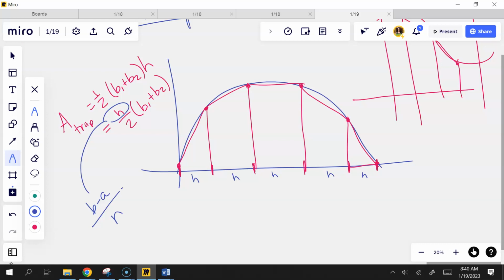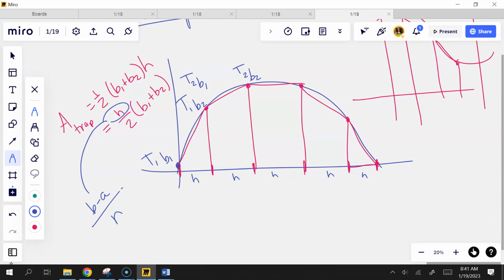My bases come from the actual equation. So this would be base 1 and this would be base 2, and this would be trapezoid 2's base 1 and trapezoid 2's base 2. You see what I'm saying? There's some overlap here.